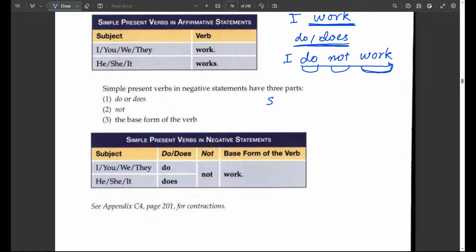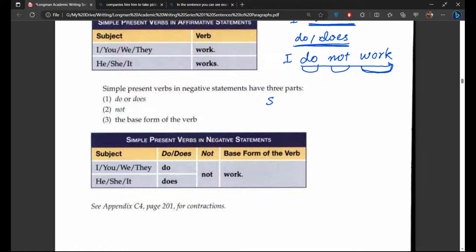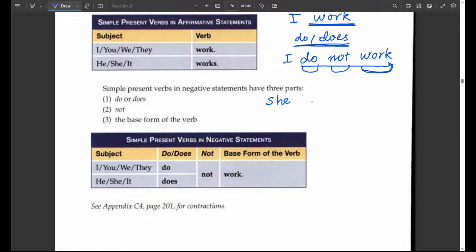For she, if we use the third person, it is works. So this is like she works. But for the negative, it will be she does not work. You see, we have used the base form of the verb here again. Not "she does not works." Notice that the es here is already taken in does.